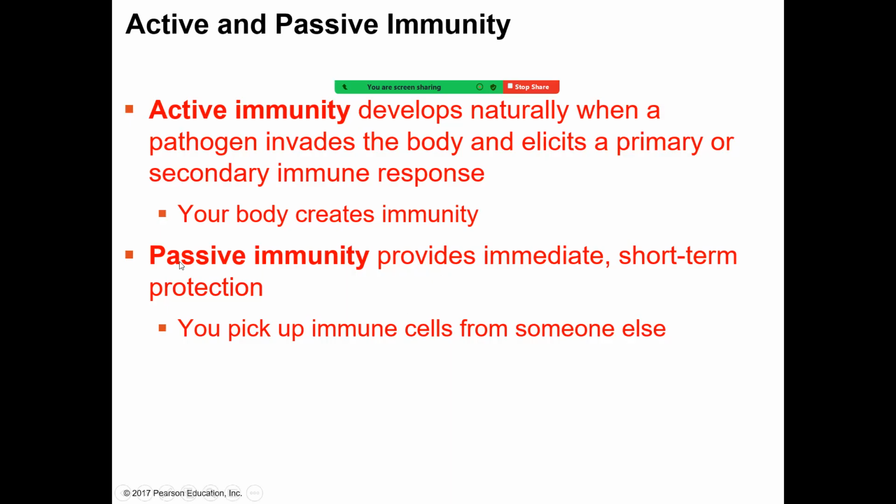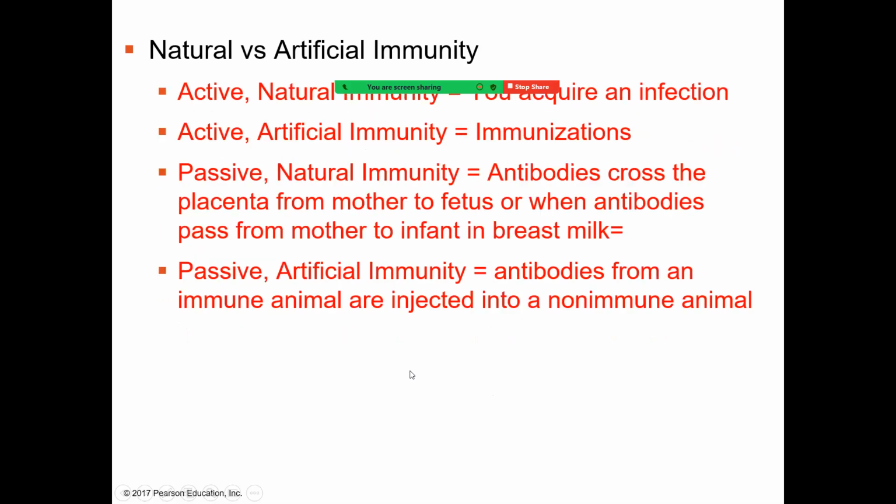This passive immunity is going to provide immediate and short-term protection. So it's not a long-term protection, but it can be helpful if a person is very sick or for people that are immunocompromised, such as very small babies whose immune systems are not yet primed.